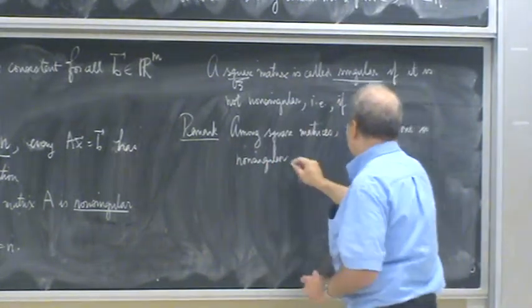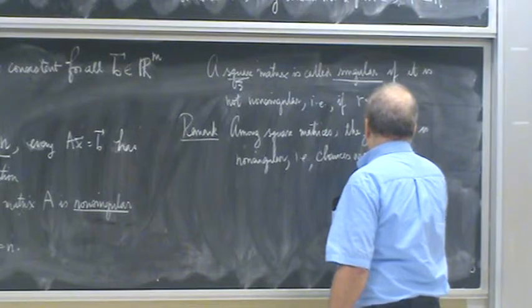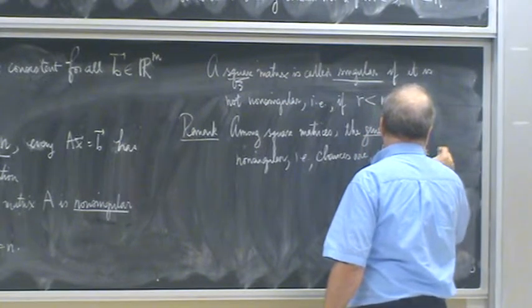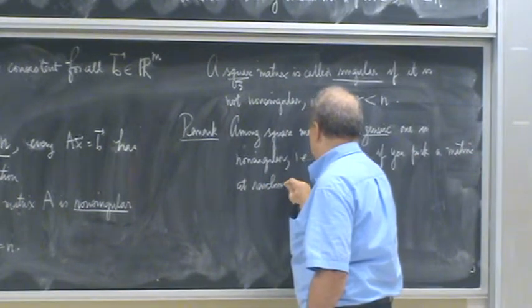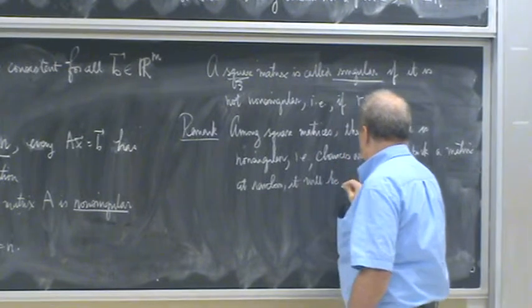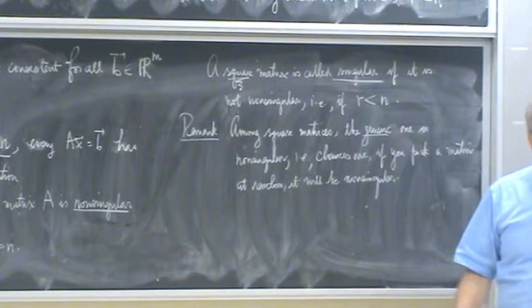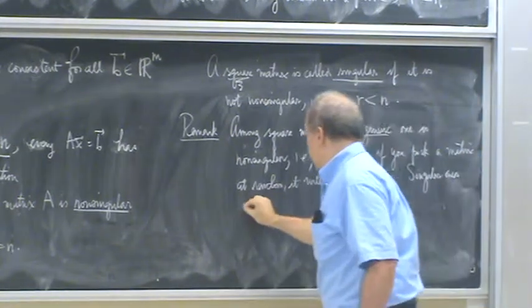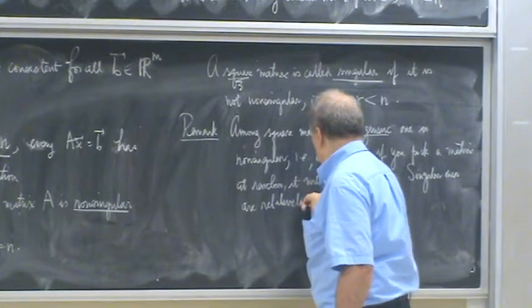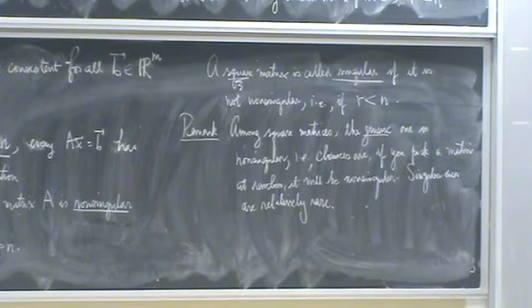So generic one, i.e., chances are, if you pick a matrix at random, it will be non-singular. The singular ones are special, they're rare, relatively rare. So the words are consistent with the use in English: singular is more unusual, non-singular is what you expect.